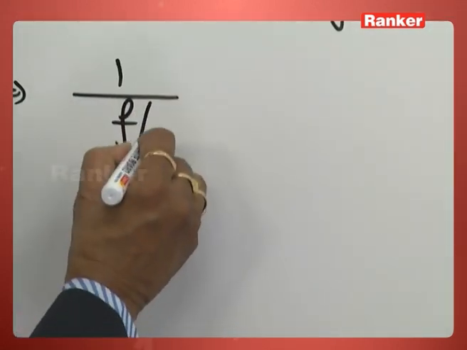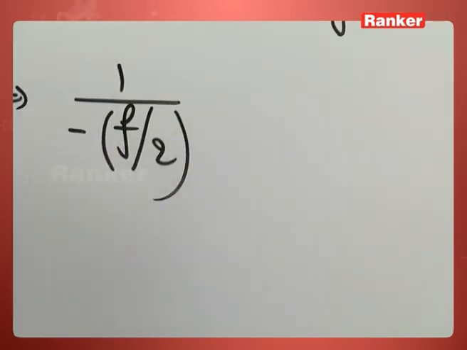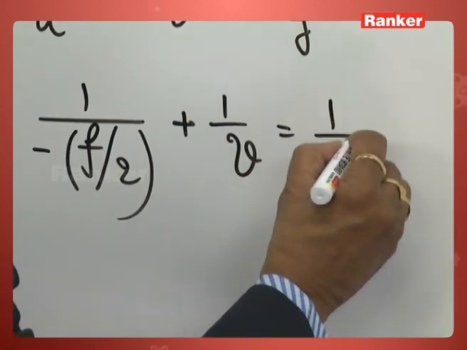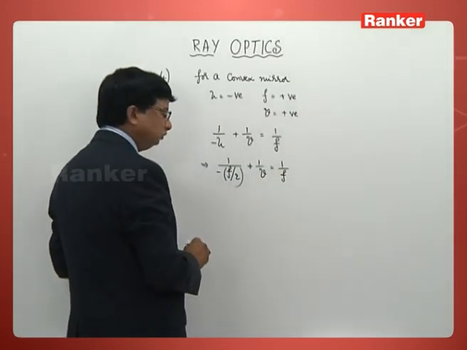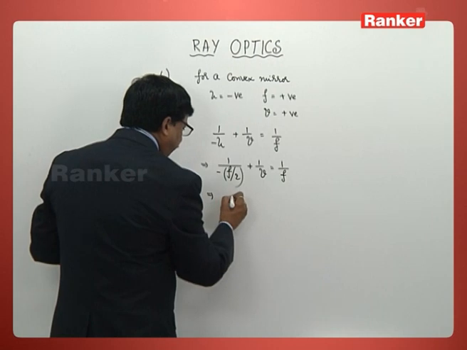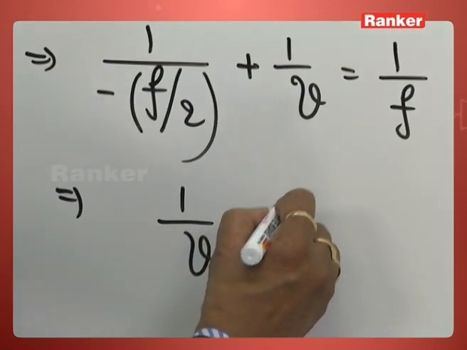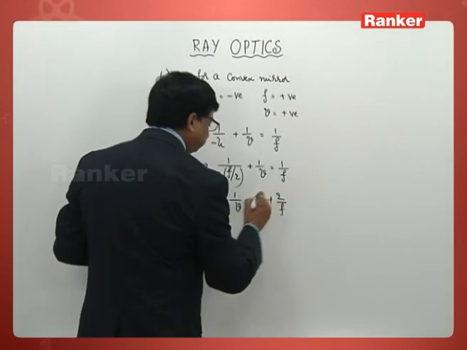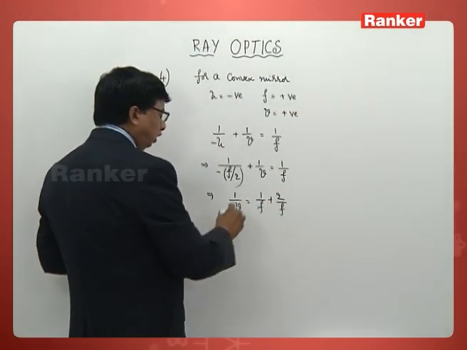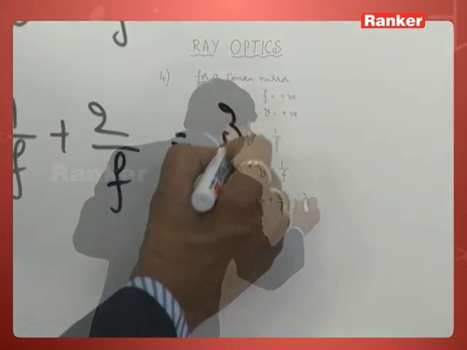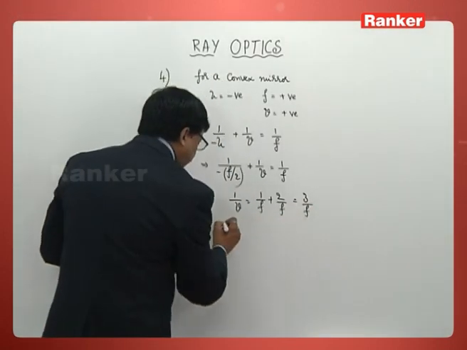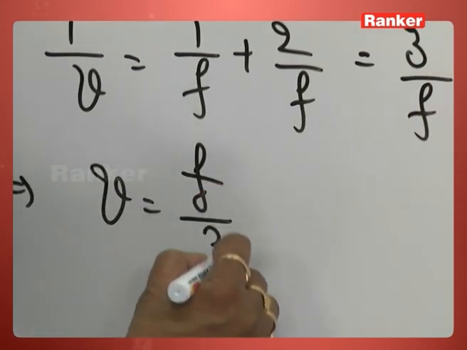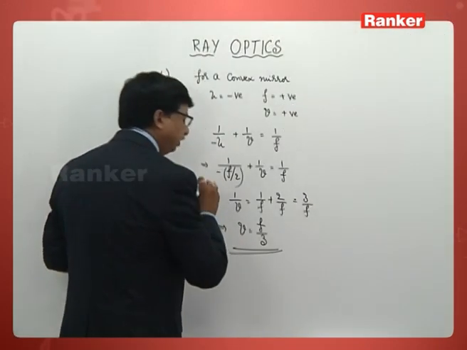Therefore, f by 2 take with a negative sign, plus 1 by v is equal to 1 by f. Now you can rewrite the same this way, 1 by v is equal to 1 by f plus 2 by f. Now you can rewrite the same as 3 over f. Then what will be the value of image distance? f by 3. That is the one.